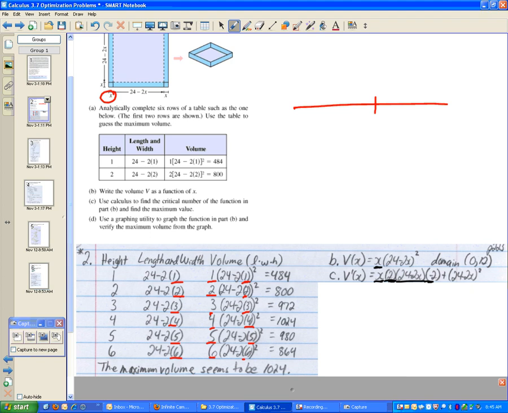That's the first half of the product rule, and the chain rule was inside of that, plus the second function, 24 minus 2x quantity squared, times the derivative of the first. And I didn't write it down, but what's the derivative of x? Yeah, it's just 1. So I didn't bother putting times 1.